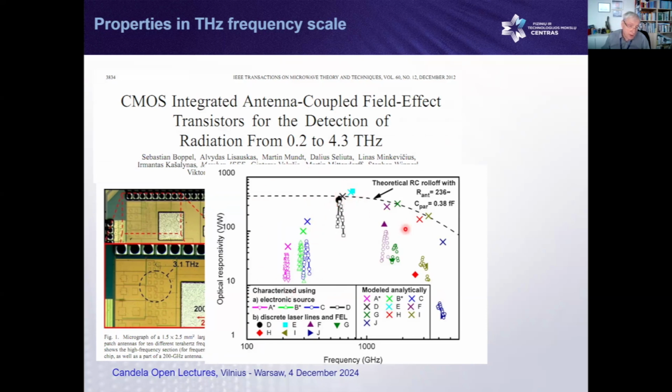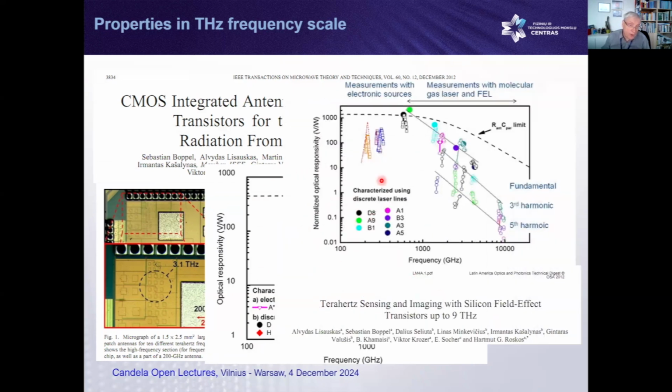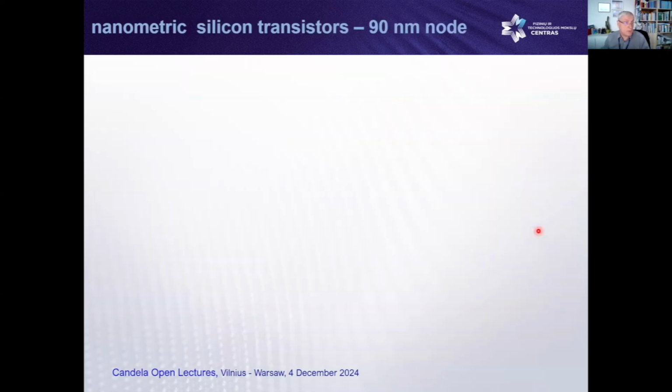So we see this curve, but the most important achievement is not only that we can go to 9 terahertz, we can make terahertz spectroscopic imaging everywhere and record this in a very compact way. It means we can apply not only the fundamental harmonic, but also the third and fifth harmonic, and see how imaging looks on this very broadband scale.